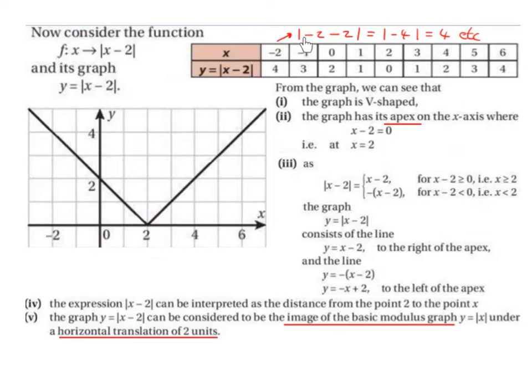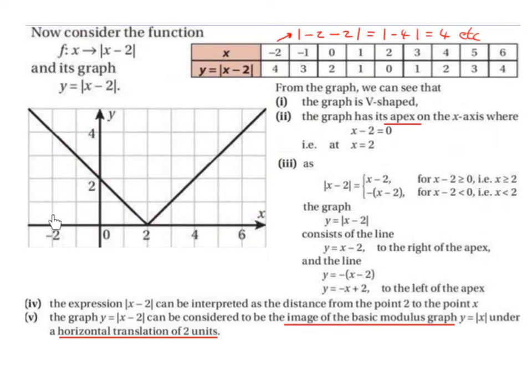If we have an x value of minus 1, it's going to be minus 1 minus 2, which is minus 3, and the modulus of minus 3 is 3. If we have 0, it's going to be 0 minus 2, and the modulus of minus 2 is 2. If we have 1 minus 2, we're going to get minus 1, and the modulus of minus 1 is still just 1, and so on. So these are our x values, these are our y values.